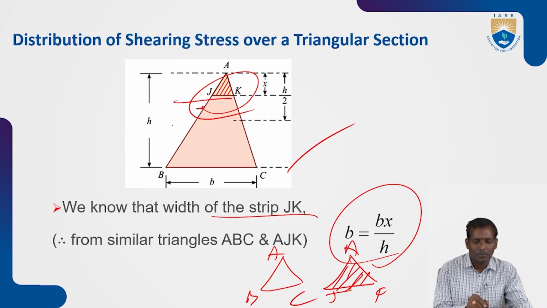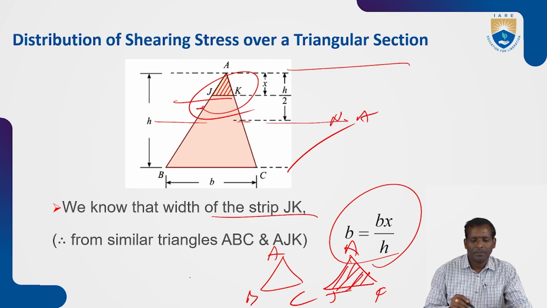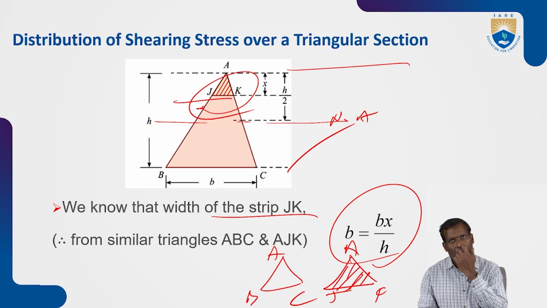So suppose this is the neutral axis and this is the apex, at 2H by 3.